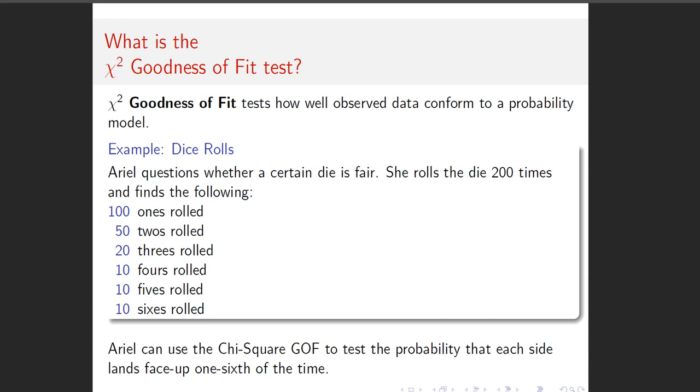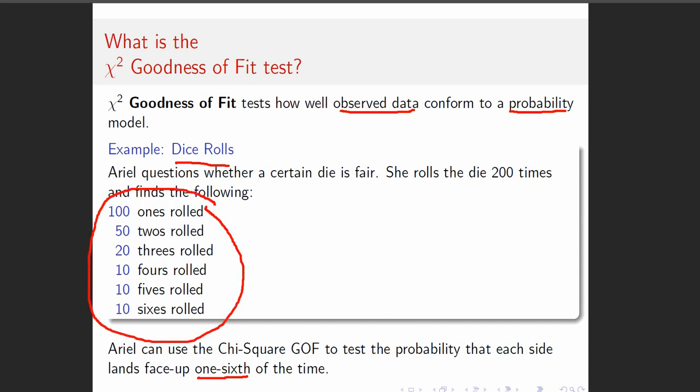All right, so chi-squared goodness of fit, what is it supposed to do? It's supposed to see how well the observed data conform to some probabilities. Okay, for example, with dice rolls, we would expect each of the numbers to land face up 1/6 of the time. But what if we see this observed data?